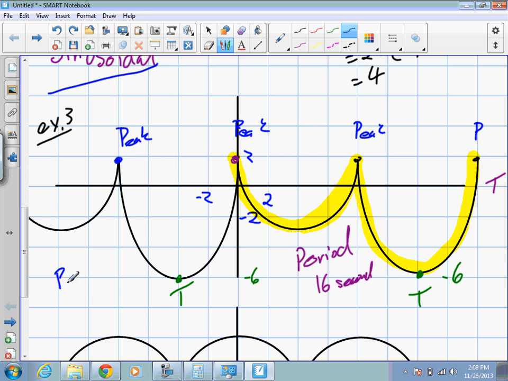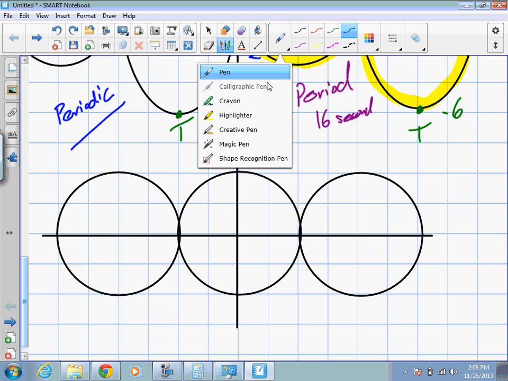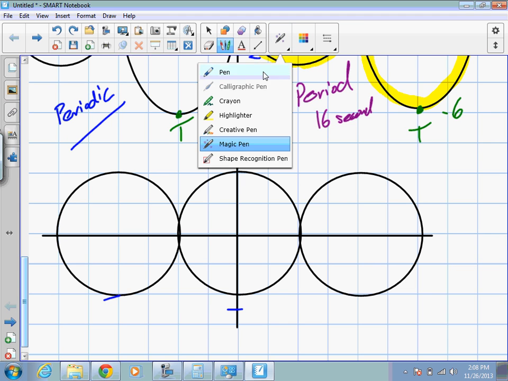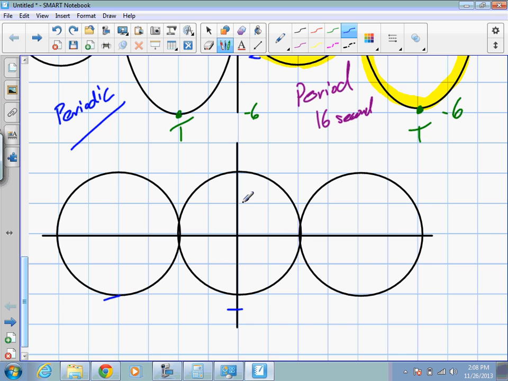Finally, the last one. Does this have a repeating pattern? Yeah, what are the peaks and troughs? Let's say it's going by threes this time. So the peak is at what value? 6. So we have 3 peaks here. And our troughs?